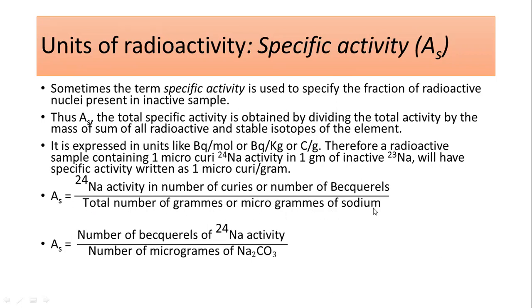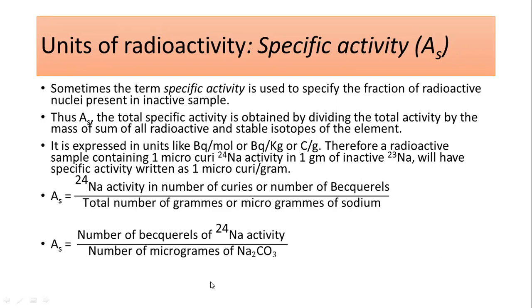This is the sum of the active and the inactive substance. This is the total weight of the sample. In the total weight, what would be the activity of the active sample? This ratio is called the specific activity.